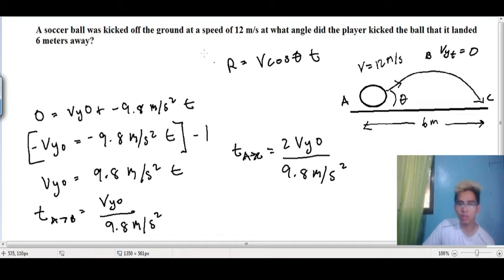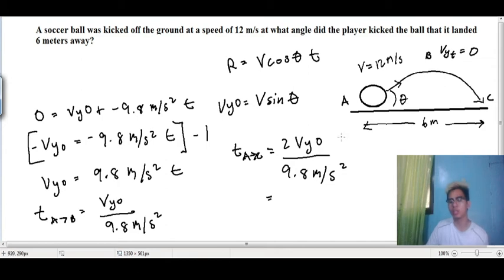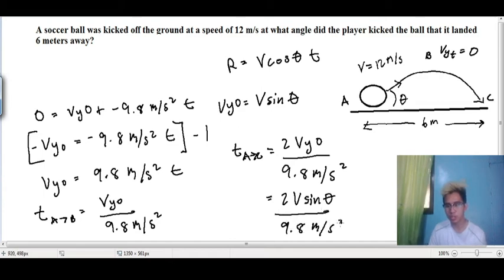We know that your Vy initial, your velocity in the y component, can be V sine theta because you are dealing with the velocity in the y component. So, change that to V sine theta all over 9.8 meters per second squared. So, this is your time.